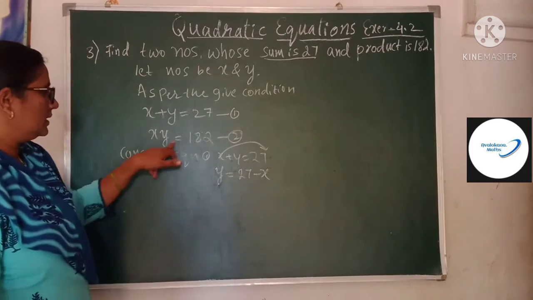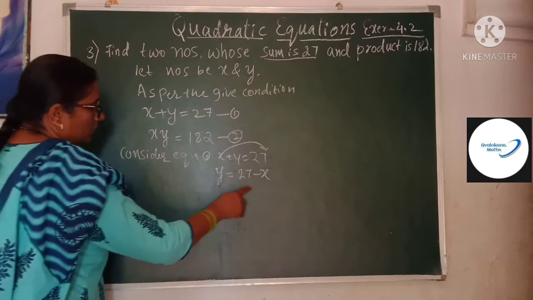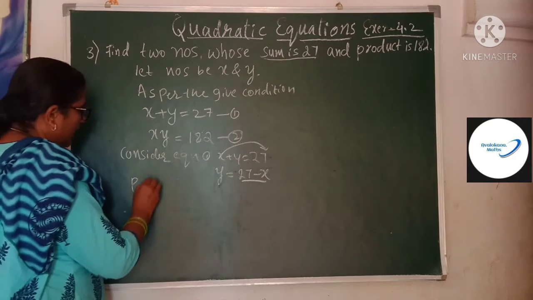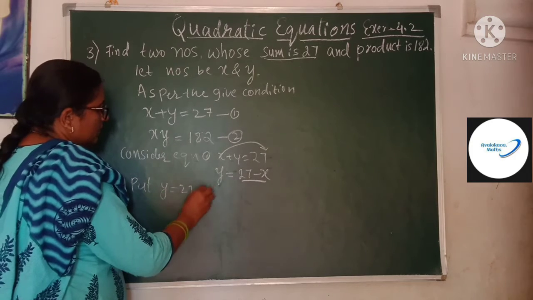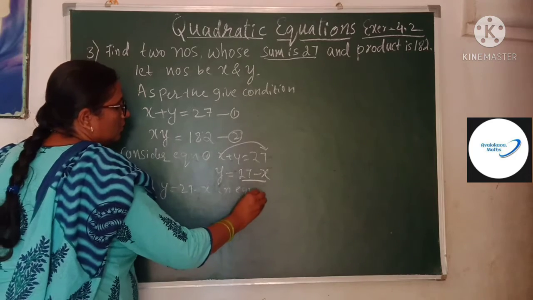What is it? xy is equal to 182, in which you are going to write y is equal to 27 minus x. This is called substitution. So put y is equal to 27 minus x in equation 2.